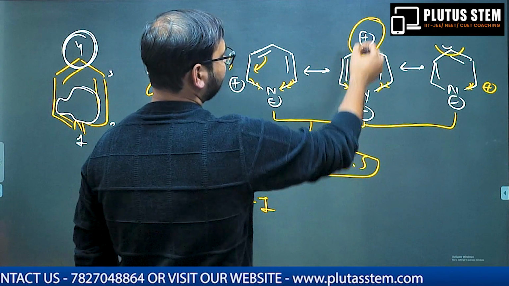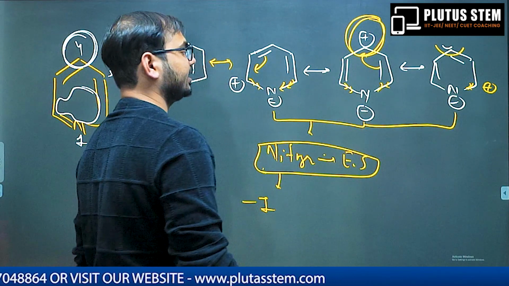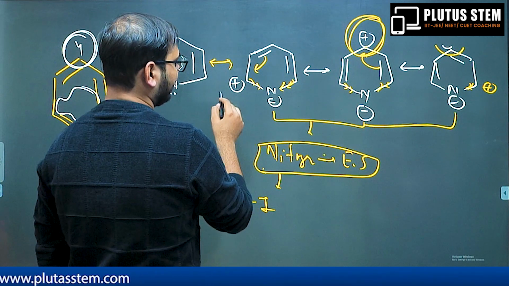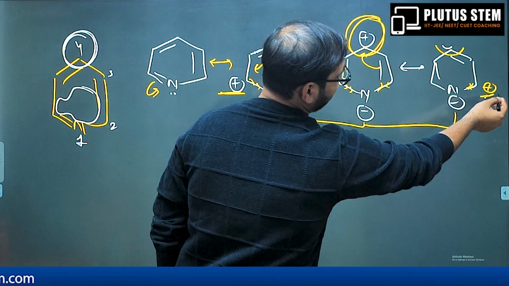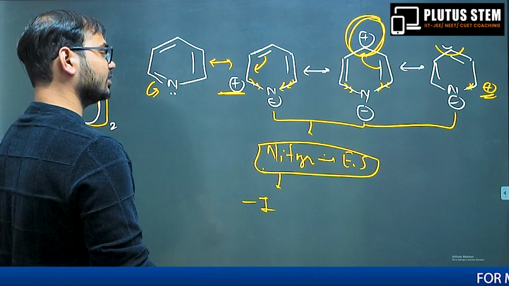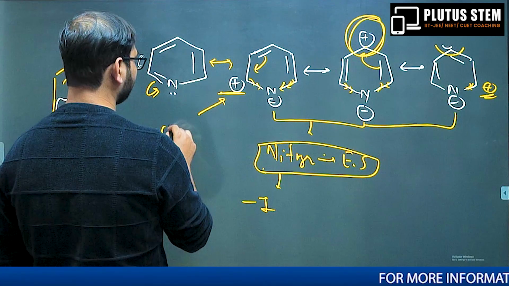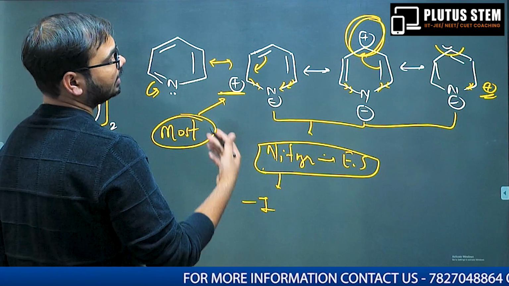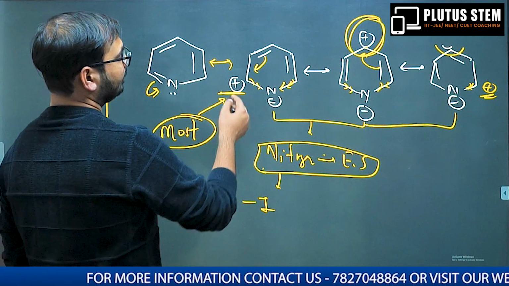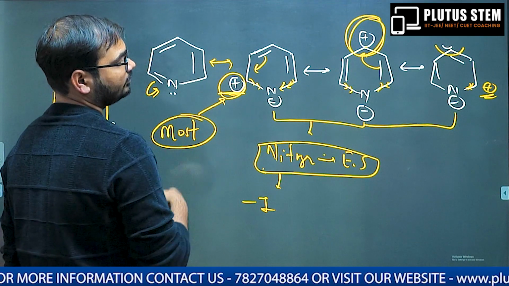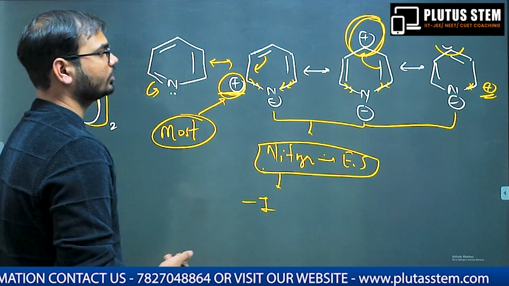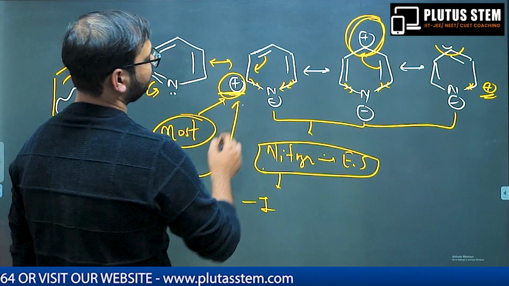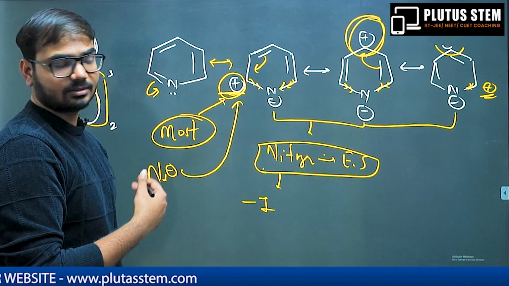The positive charge at the fourth position is very far away, so the inductive effect is very less there, and the positive charges lying adjacent to the nitrogen, because of the minus I effect, are the most reactive. So position number 2 is more reactive compared to position number 4. Any nucleophile that you add will preferentially attack position number 2 rather than position number 4.